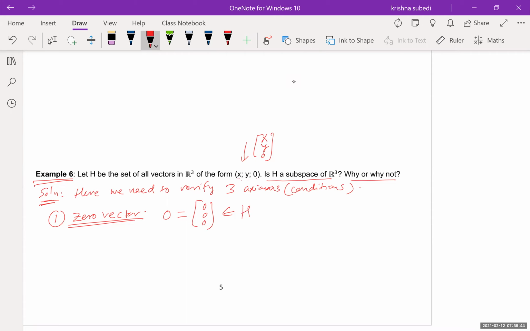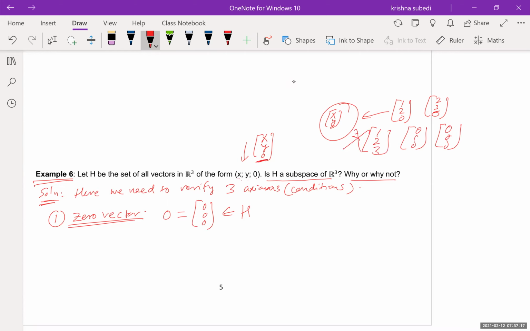H. Remember, H is a container, and all of its objects are of this type, (x, y, 0). That means (1, 2, 0) may be an object in that container, (2, 3, 0) may be an object in the container, (0, 1, 0) may be an object in the container, and (0, 0, 0) is also in the container. But if you write (1, 2, 3), it cannot be in that container because the last term is 0.